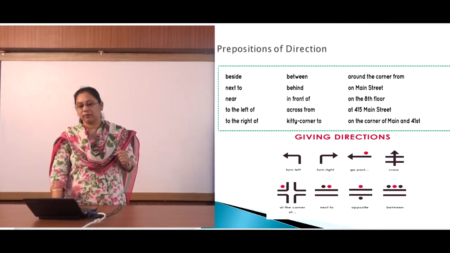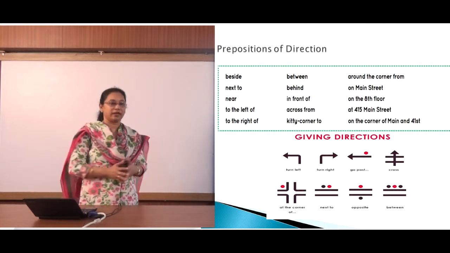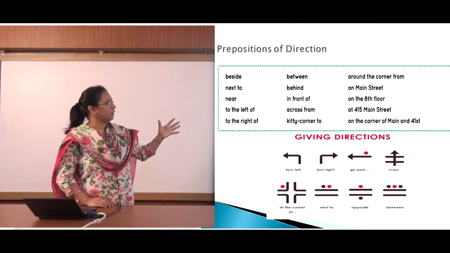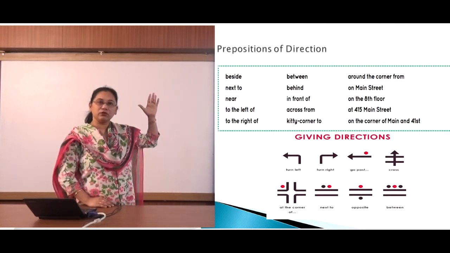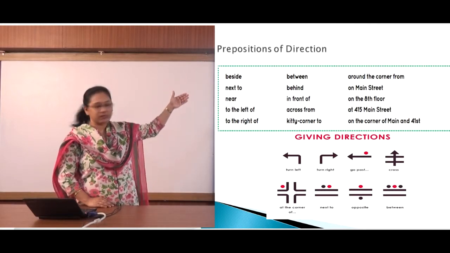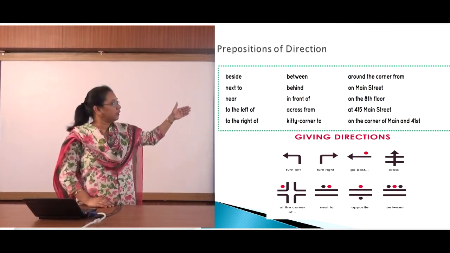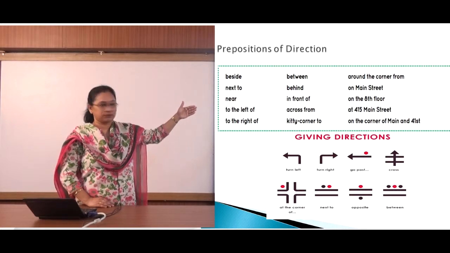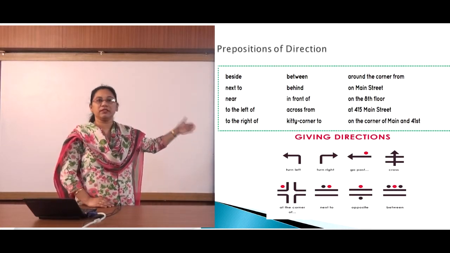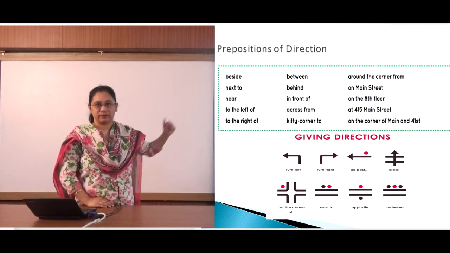In my next list, I am going to talk to you about prepositions of direction. This is a list, maybe not complete, but a few are there. When I talked about spatial relationships, I mentioned prepositions like beside, next to, near. Now you can use the words to the left of, all right. I have given pictures here. The post office is to the left of the bus stand.